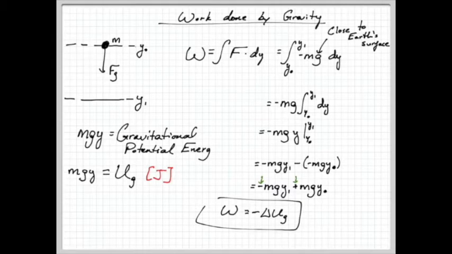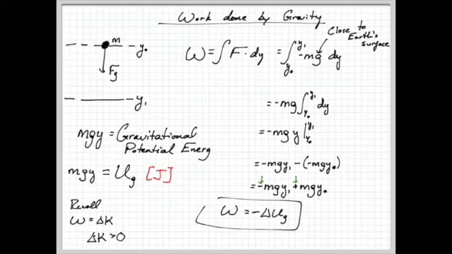That's important, and what's important is the negative sign out front. Recall from the last video that work is a change in kinetic energy. If the change in kinetic energy is positive, where did that kinetic energy come from?